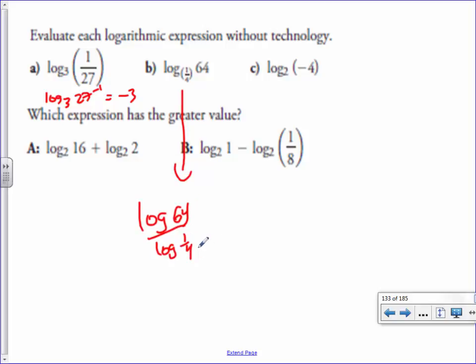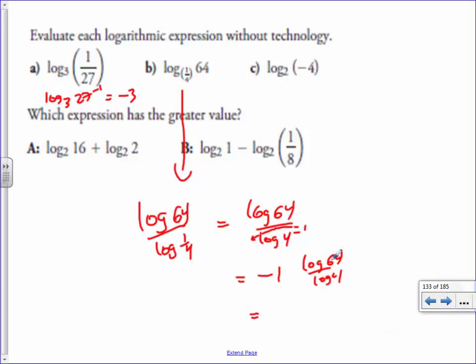Yes. 1/4, we've talked about this a bit ago, right? This is the same thing as a -1, right? What can I do with my -1 though? You can kind of move it in front. So this is like -1 of log 64 over log 4.